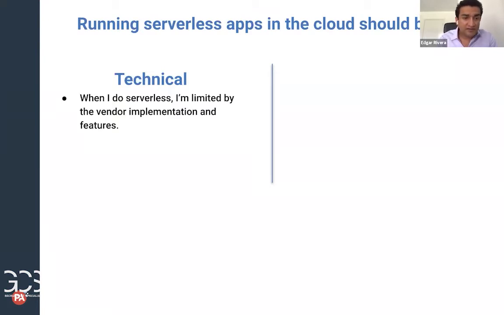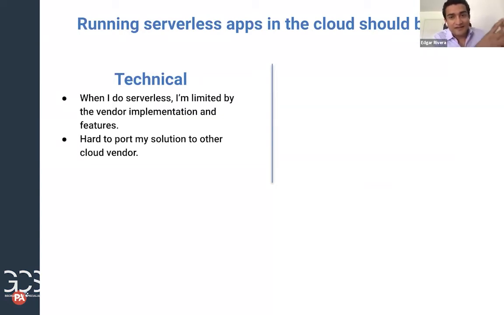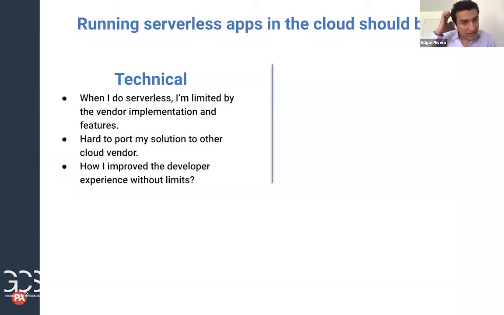The other thing is, if I wanna move to another cloud vendor, as we saw before, if you're using an SDK specifically for AWS and making use of those functions, you cannot just copy and paste that cloud function straightforwardly, yeah? So it's not as easy as it seems. And the other thing is the development experience.